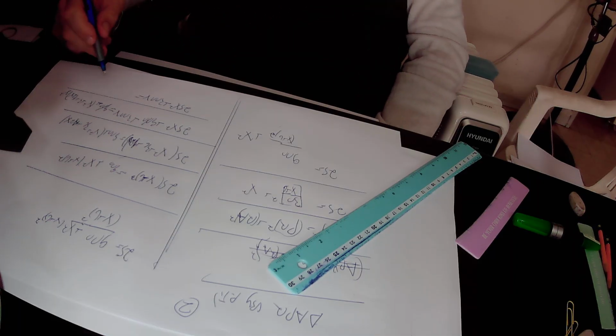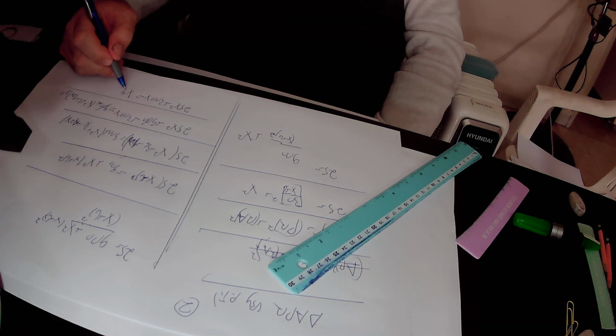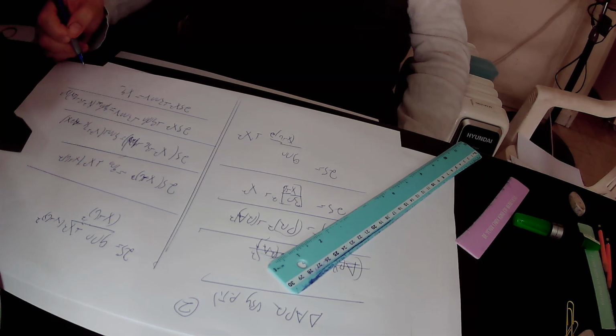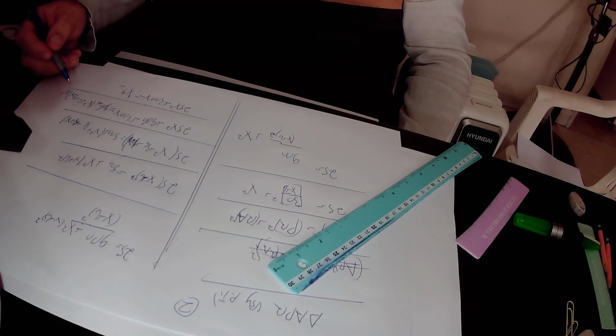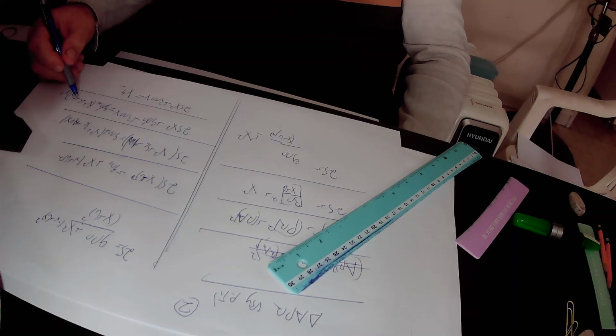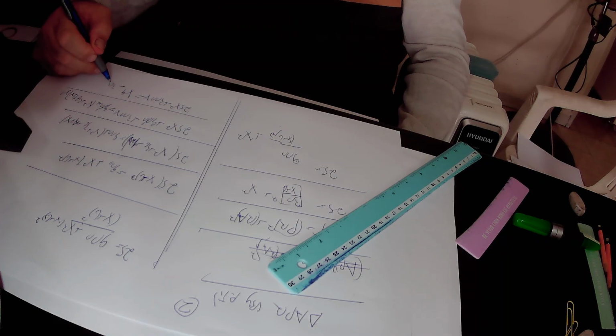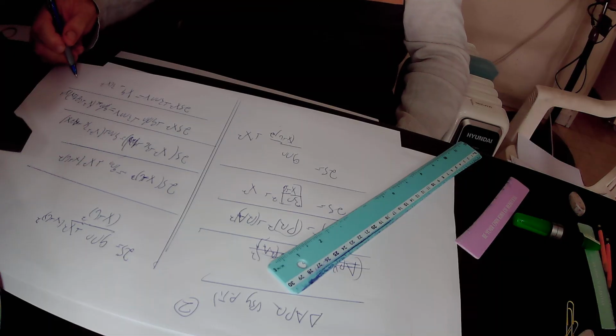x squared times x squared is x to the power of 4, plus x squared times 36 is 36x squared. And we have x squared times 12x equals 12x cubed.